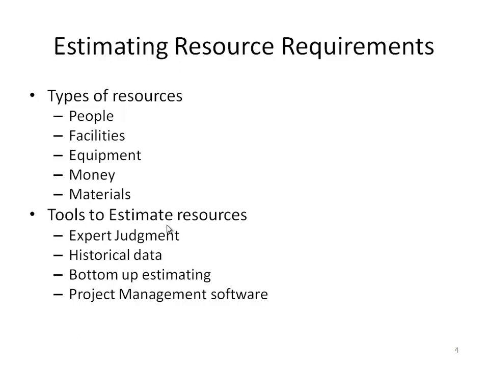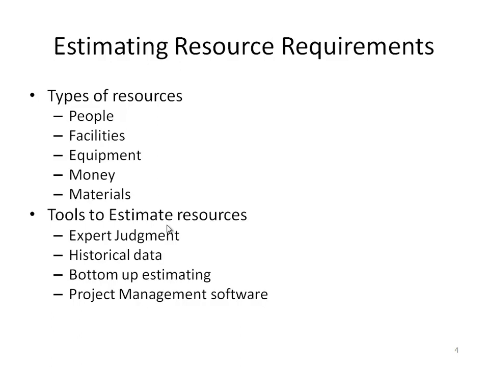The activity list as an output of the first step will be used as an input for the resource estimating process. In addition, we need to look at the current utilization and availability of the resources needed. For people selection, we need to look at the capabilities, the skills, and sometimes experience.